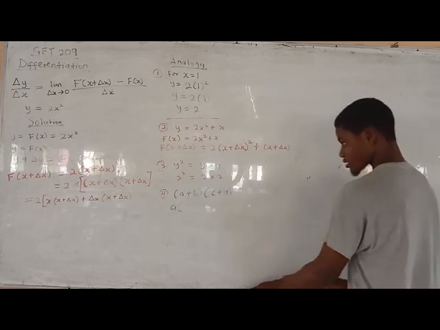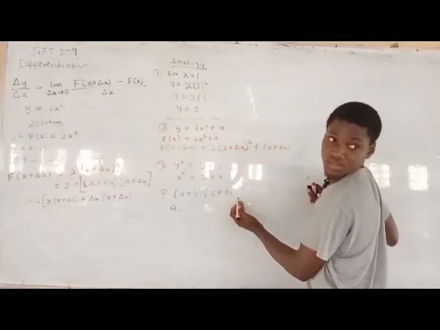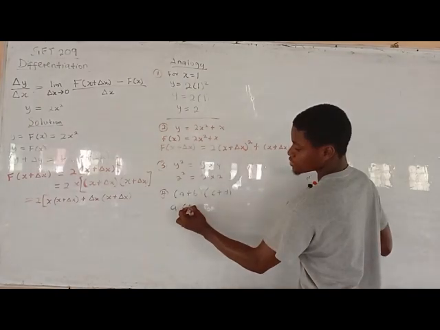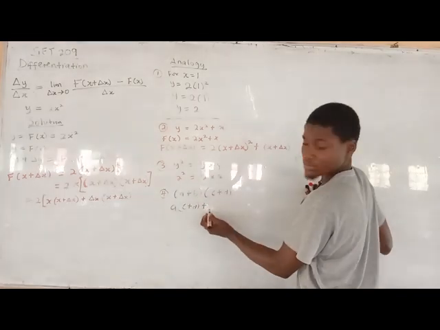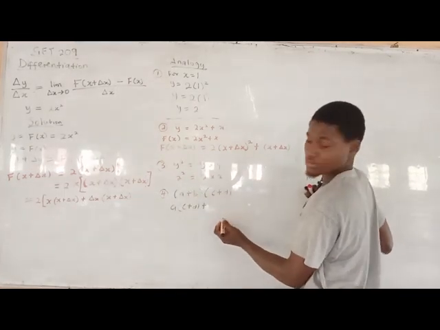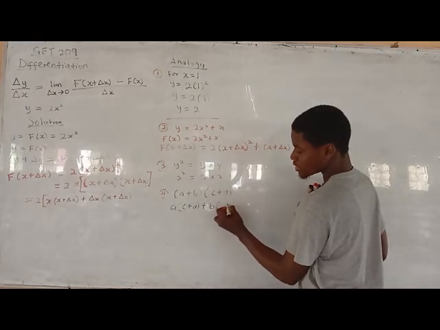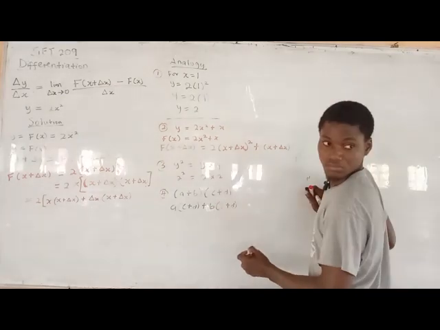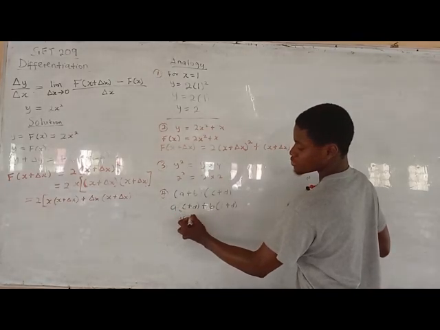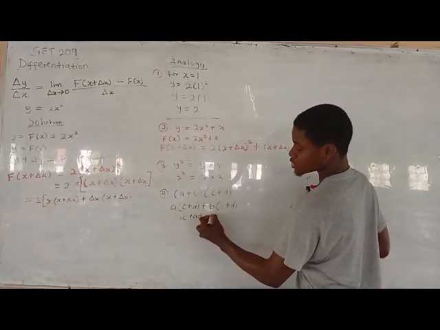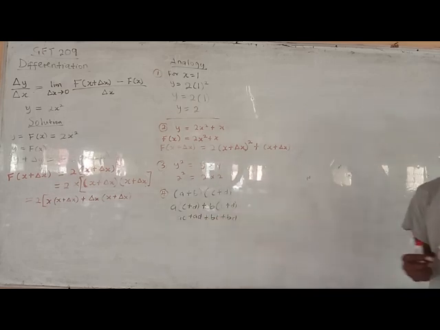Sorry, let me change this marker. A times everything that is here, that's C plus D. Then you put this plus down, then take B, the second term, and multiply it by everything that is inside this other side. So this times this will give you AC plus AD plus BC plus BD. That's just that.